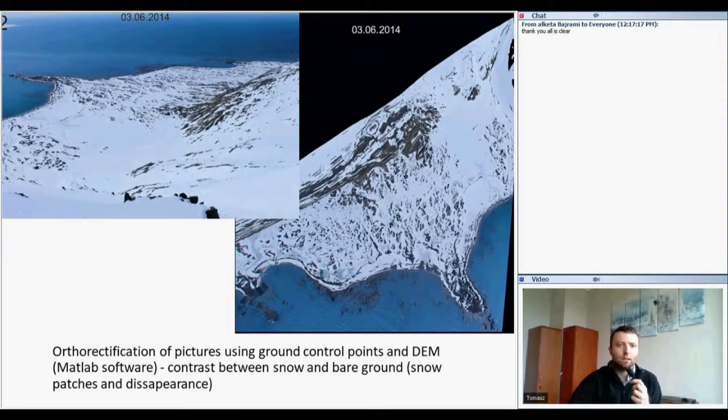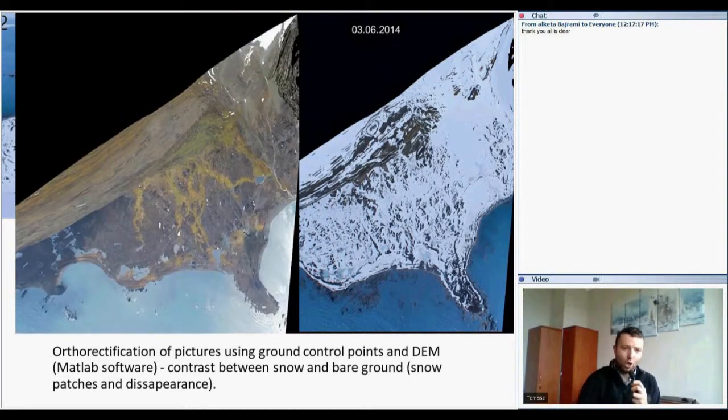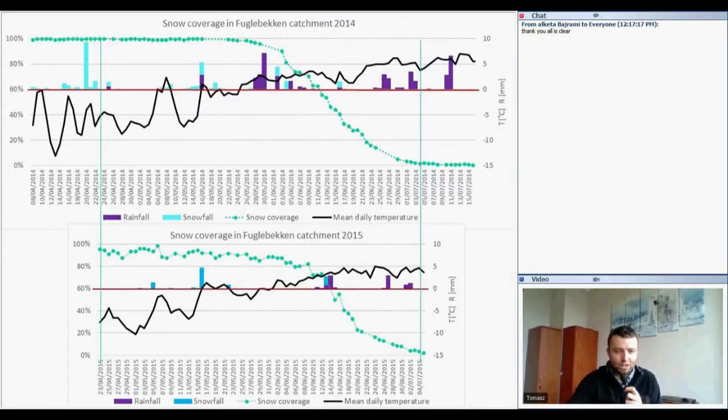We also set up time-lapse cameras just to see the changes from no snow in the catchment to full snow cover and how it changes. Just to see how the snow coverage changes in, for example, Fuglebekken catchment. So what's the influence of snow onto the river runoff?